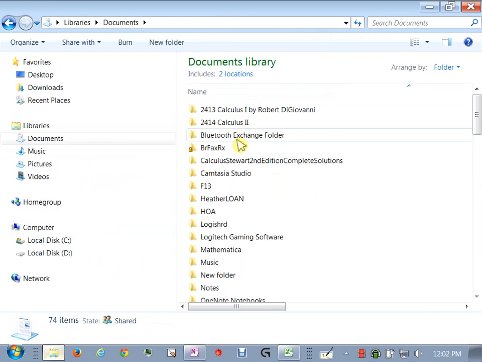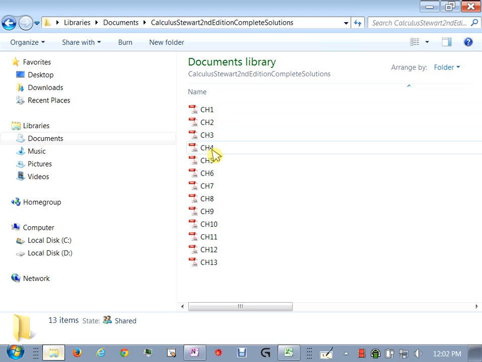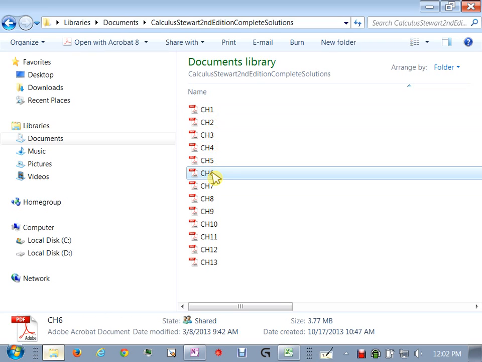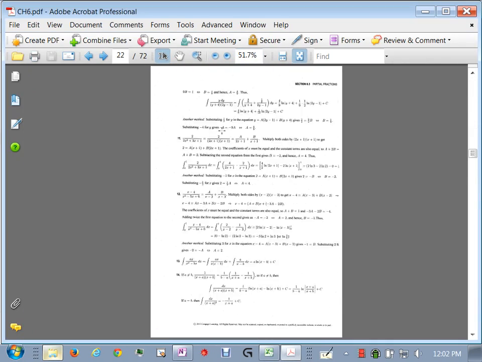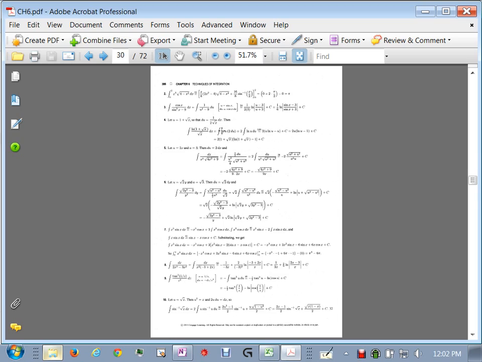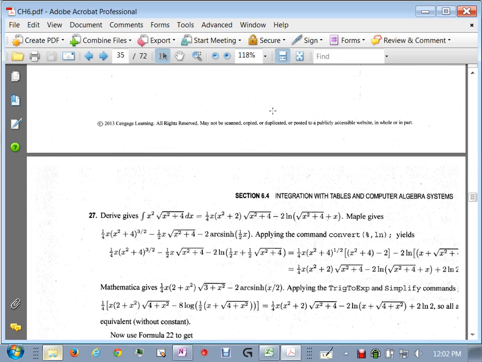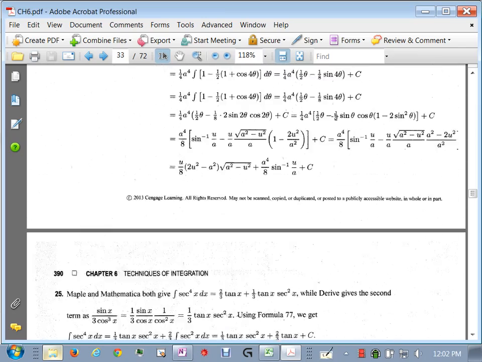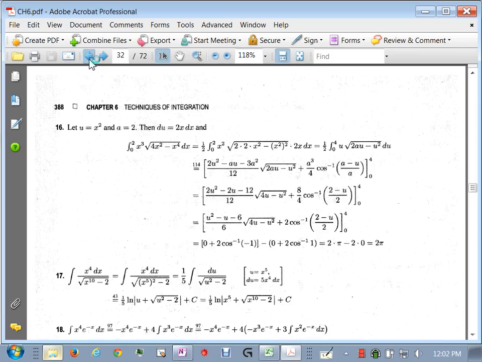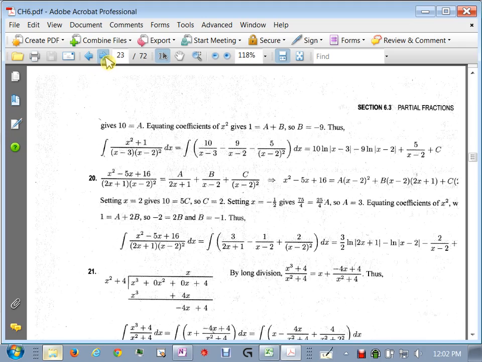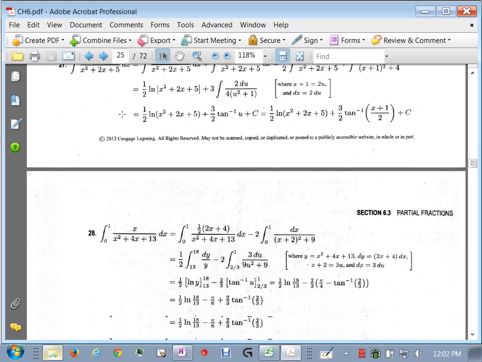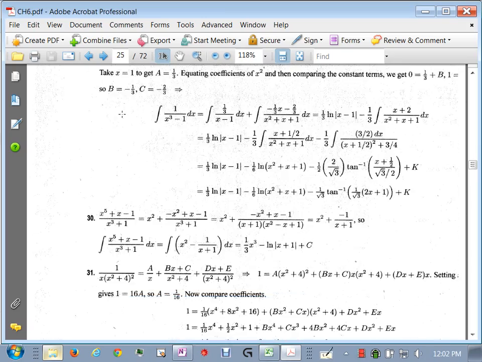Let me see here. What chapter are we in? 6? This is 6.3? I'm looking through some of the answers to see the problem we just did.